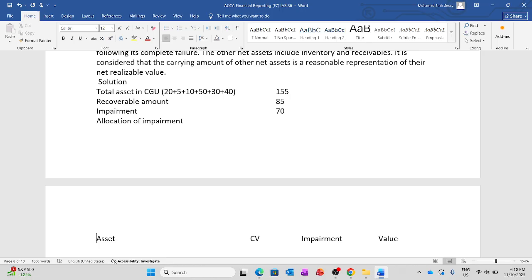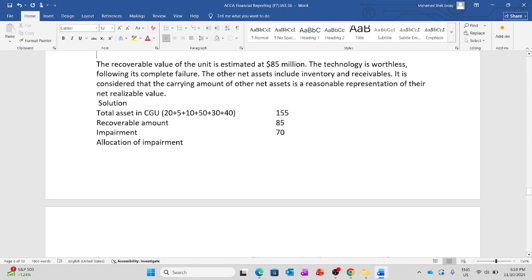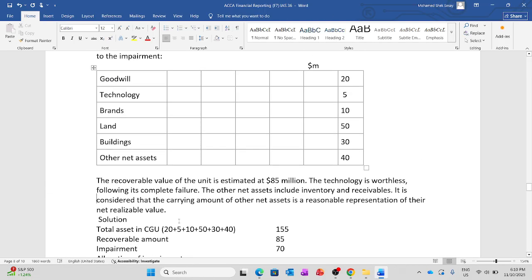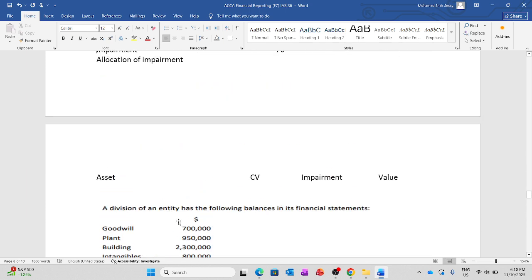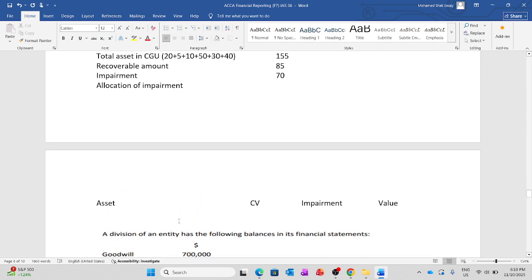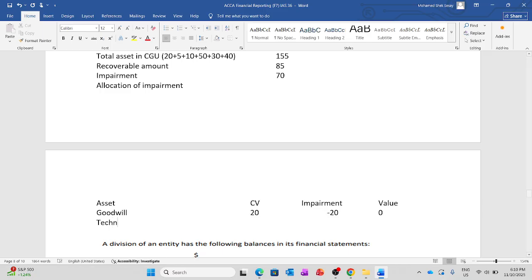So for goodwill, 100% impairment as per IAS 36. The value of the goodwill is 20. So we are going to allocate 100% impairment, minus 20. So it remains 0, right? Technology, also 100% impairment because it is worthless.